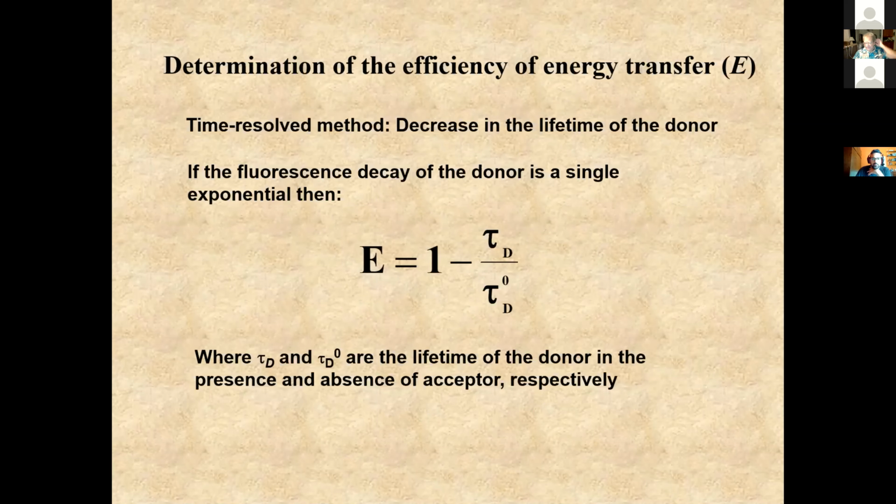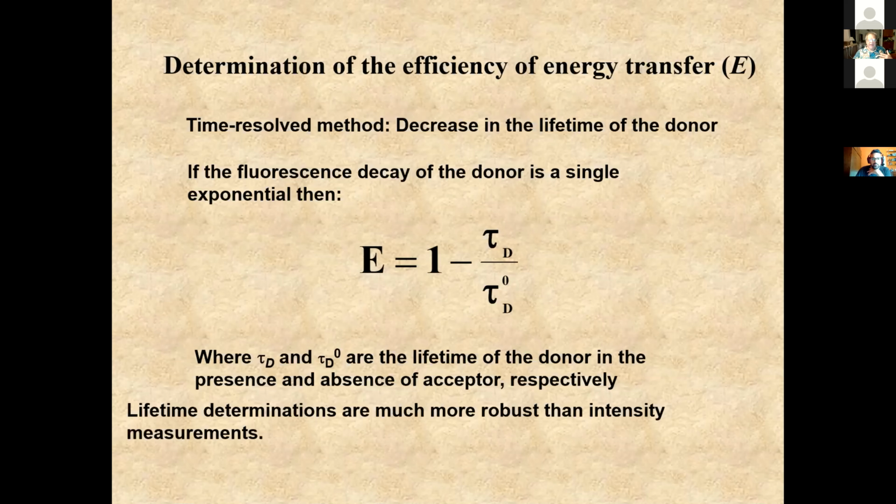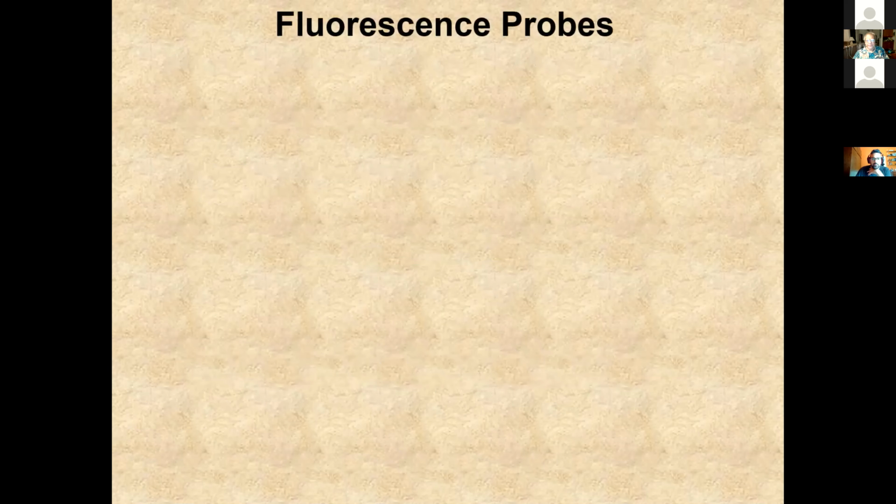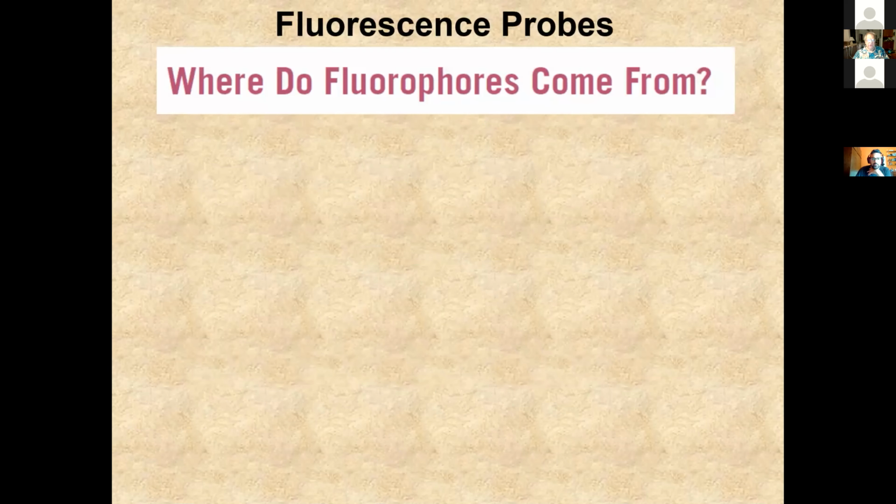Then you would have the efficiency from the change in the lifetime of the donor in the presence of the acceptor. And as you learn in this course, lifetime determinations are much more robust than intensity measurements, and you're going to learn in following lectures how FRET and lifetime data are handled, largely in the microscope. What about fluorescent probes?